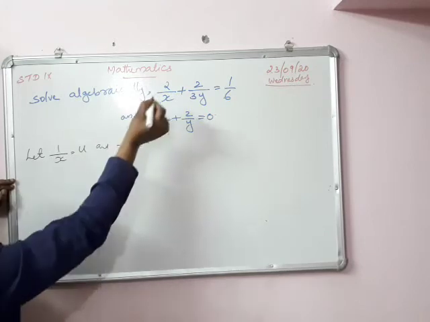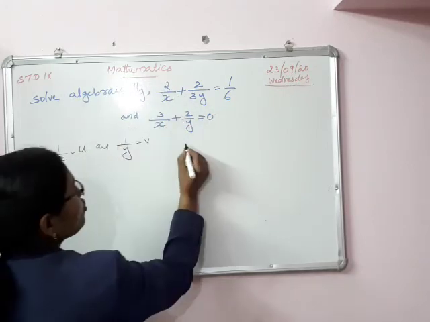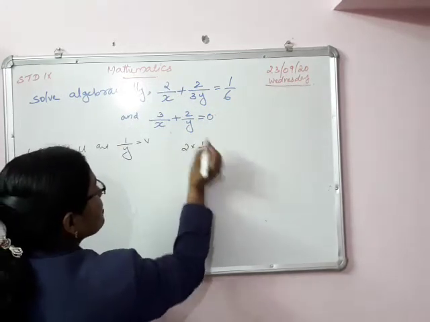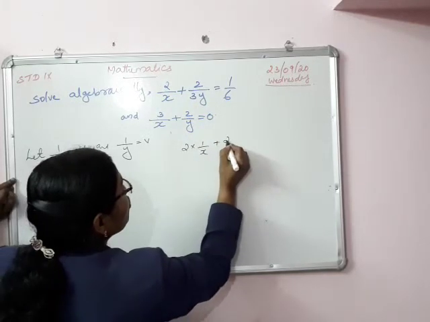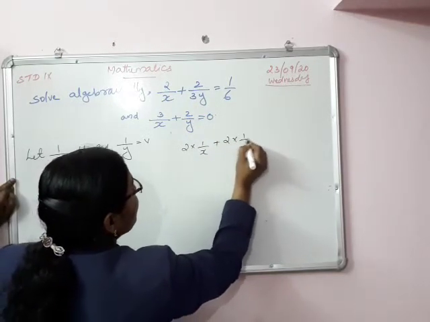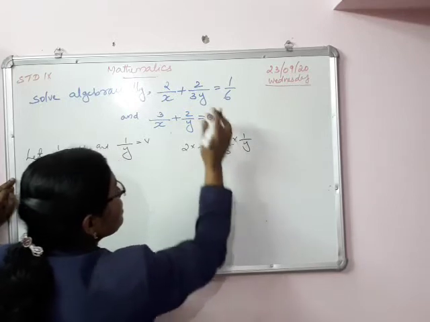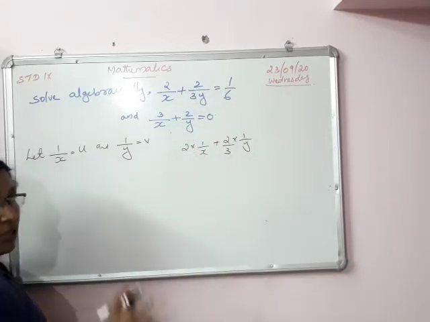Okay, then how can we change our question? 2 into 1 by x, plus 2 by 3 into 1 by y. This is the expanded, split form.